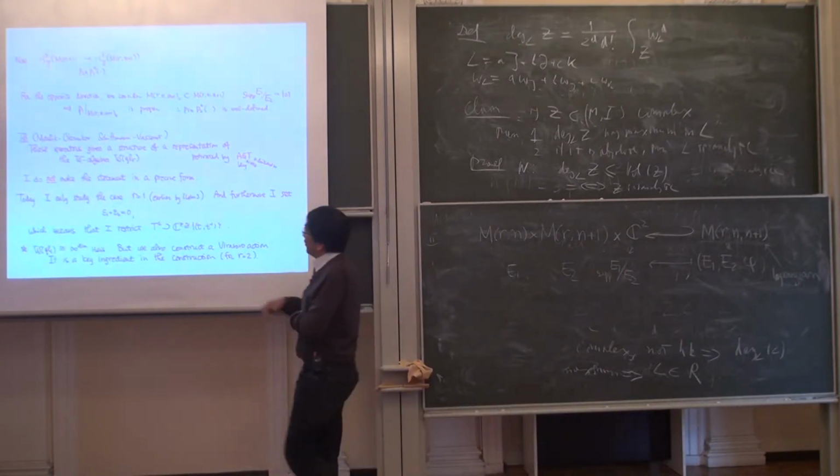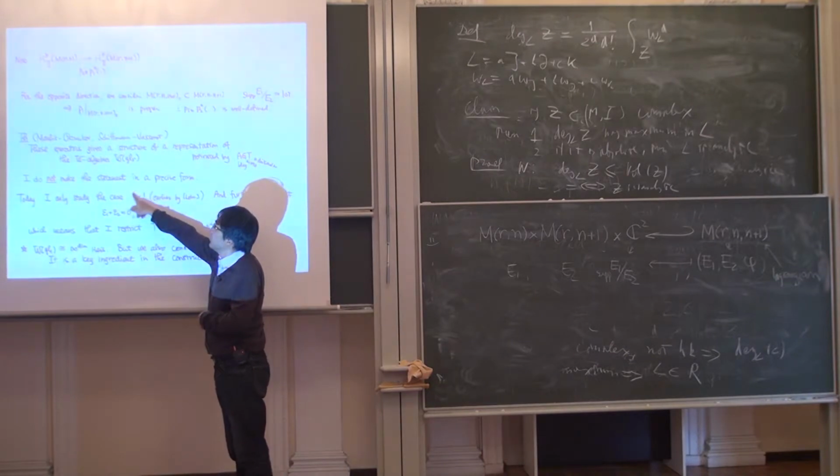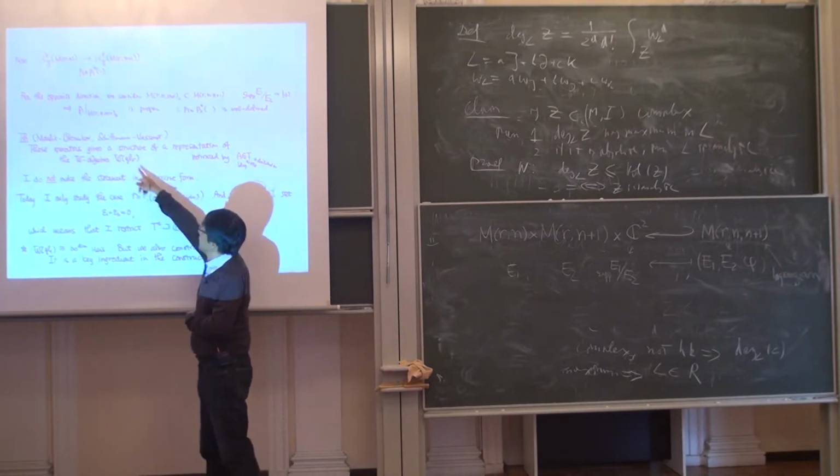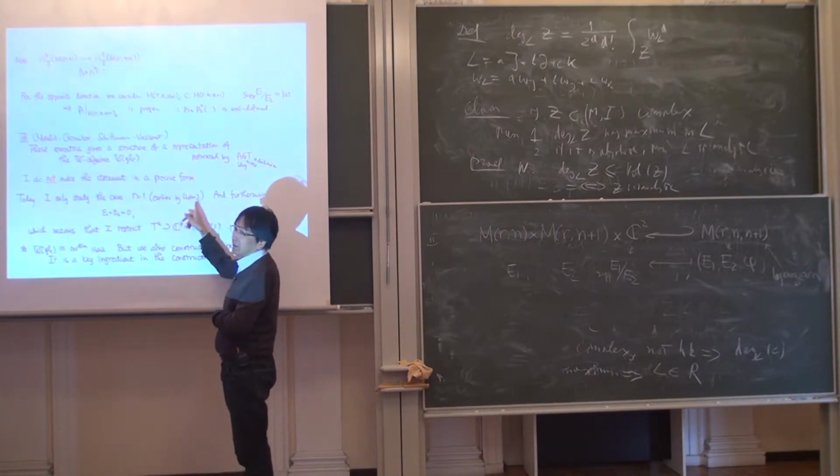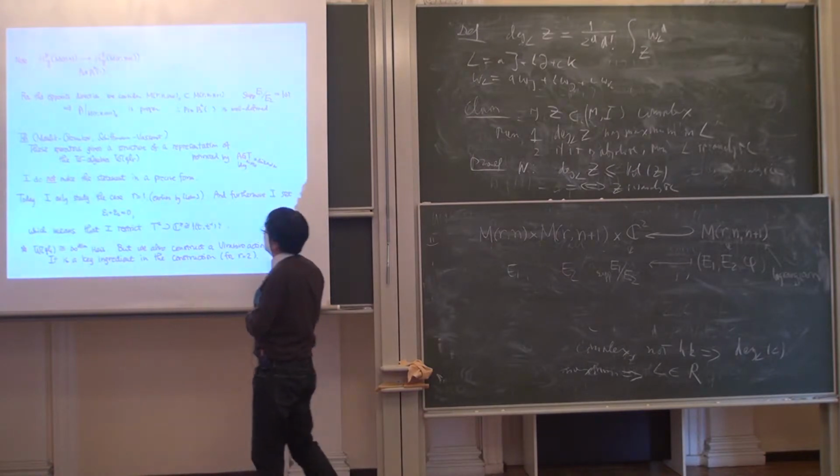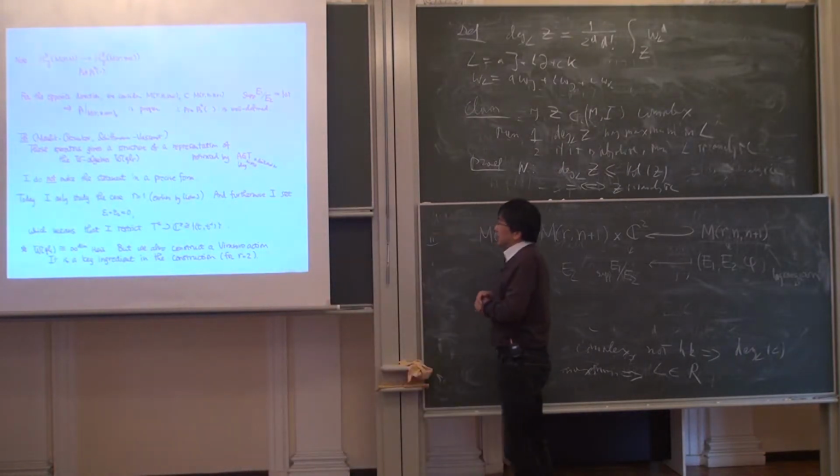So from now, I return to the case of the Hilbert scheme. In this case, the Virasoro algebra was constructed by Lehn after my work. And what I will explain from now is another proof of a result by Lehn.